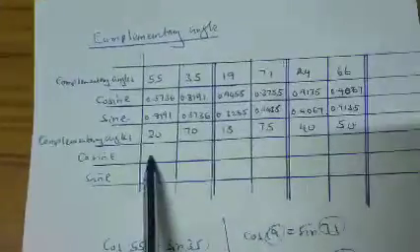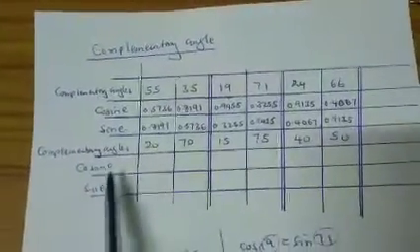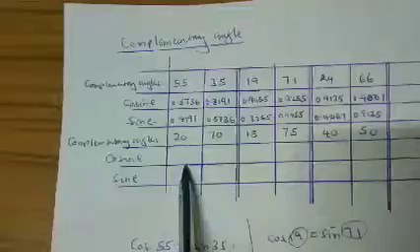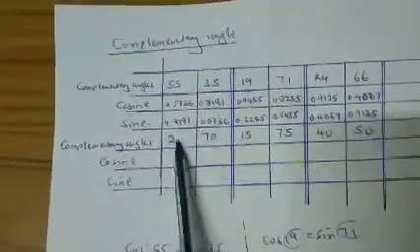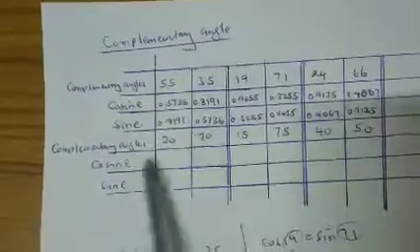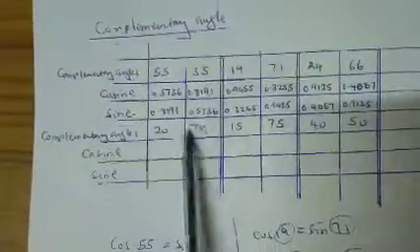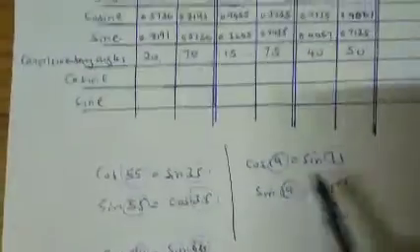So it will therefore be true that the cosine of 20 should be equal to the sine of 70, and the sine of 20 should be equal to the cosine of 70, simply because 20 plus 70 gives us 90.